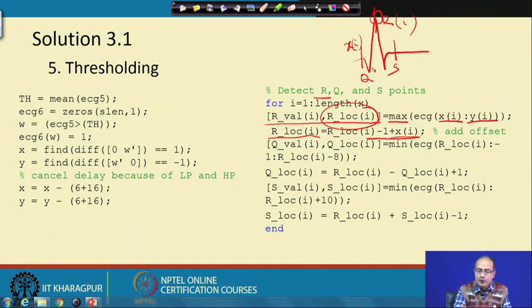It is the minimum point within the R and the beginning of the QRS complex. So, we find out the minimum in between r location I and r location I minus 8.